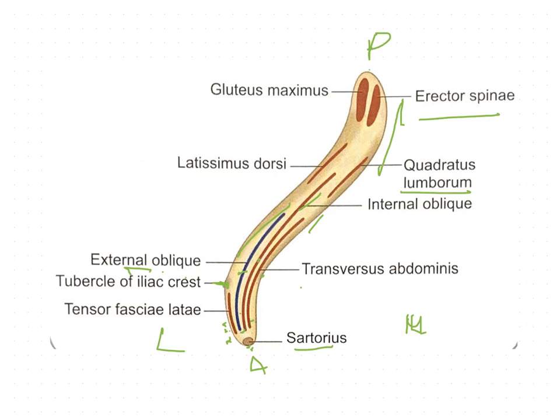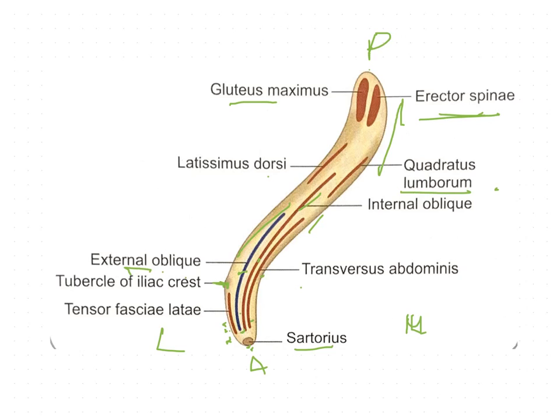Moving somewhat posteriorly, you can find the latissimus dorsi and quadratus lumborum. Still posterior, you will find gluteus maximus and erector spinae. So these are the muscles attached on the iliac crest, and these are all the muscle attachments of the hip bone.